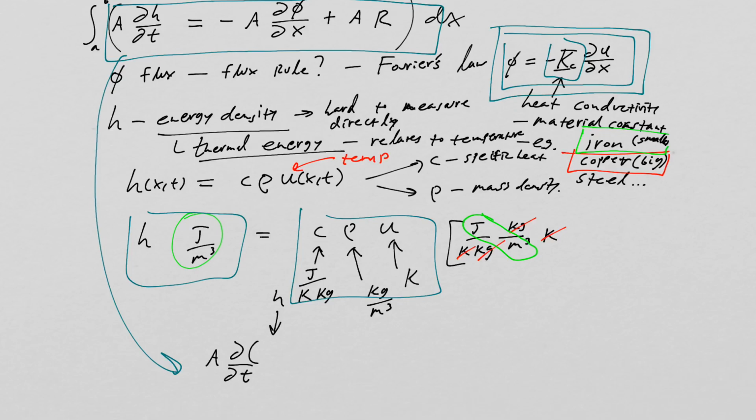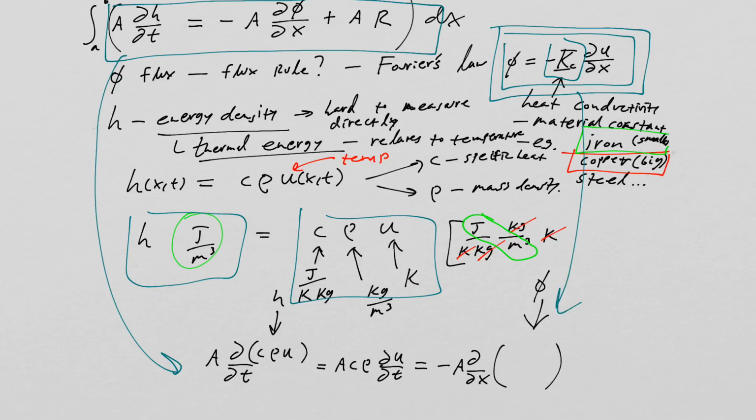But instead of putting H there, I'm going to put C times rho times U. And of course, that's going to equal A, C, rho, partial derivative of U with respect to time. And that's equal to negative A times the partial derivative in space of the flux. But we're going to put in for flux, of course, our Fourier's heat law. Like so. And then finally, we have A times R, which just sits there and does its thing. That's sort of the catch-all term.